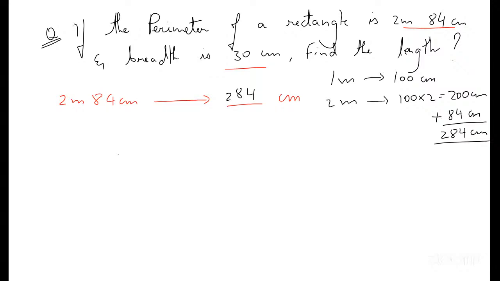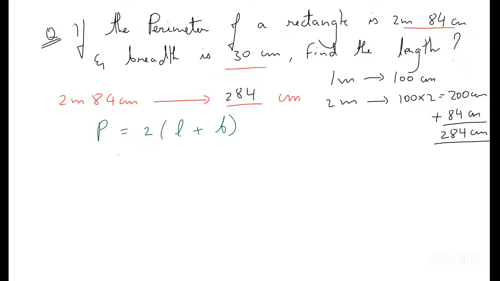Now, what's the formula for the perimeter of a rectangle? Perimeter, 2 into length plus breadth. Ma'am, is the length 122 cm?